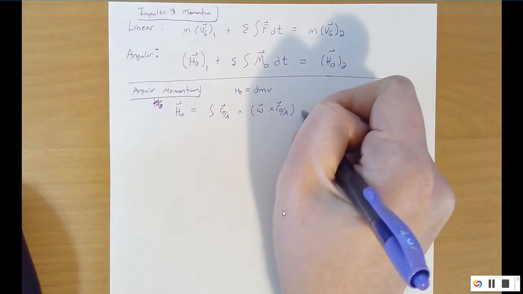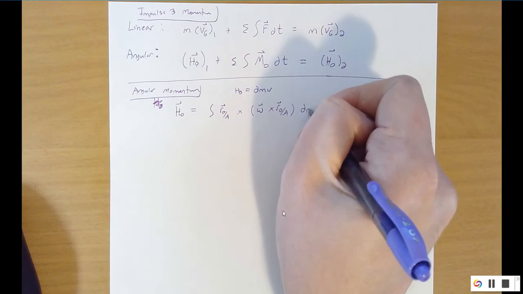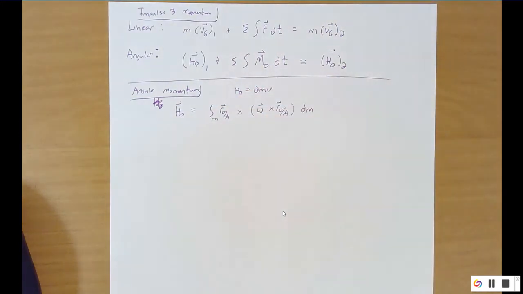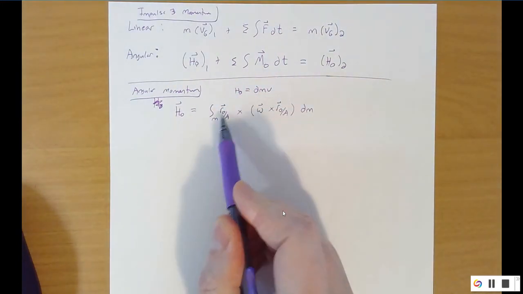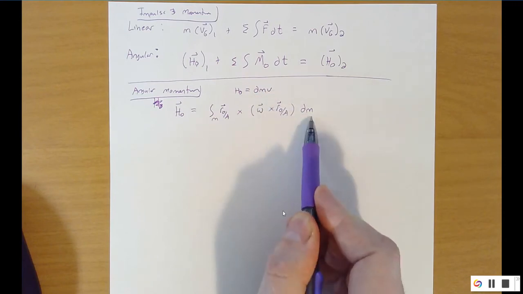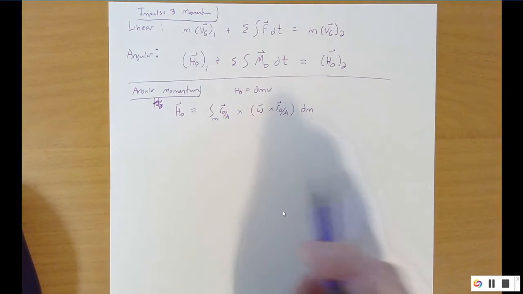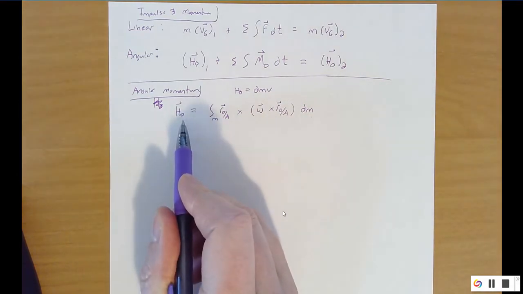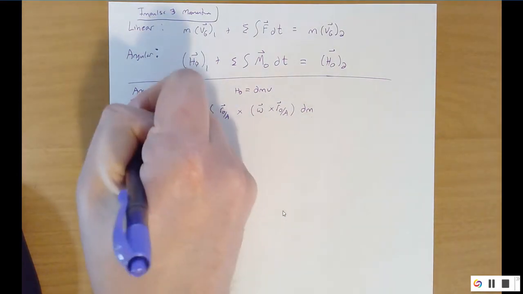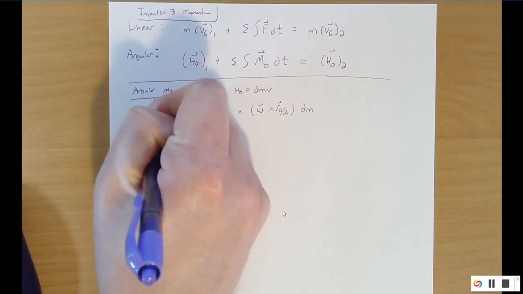And then we're going to integrate that with respect to mass. So dm, and then v. So omega cross r gives us our velocity. So dmv. So that's about some fixed point O. So this is for a fixed point.